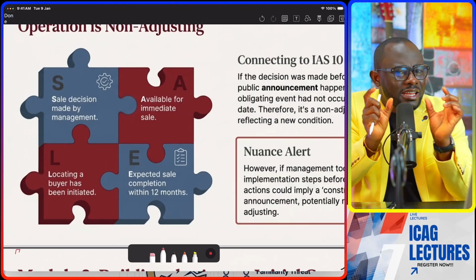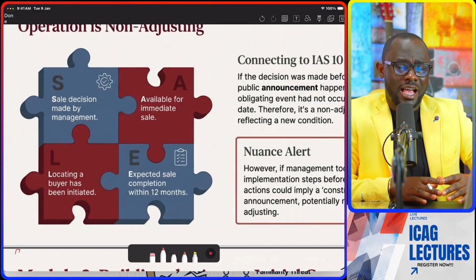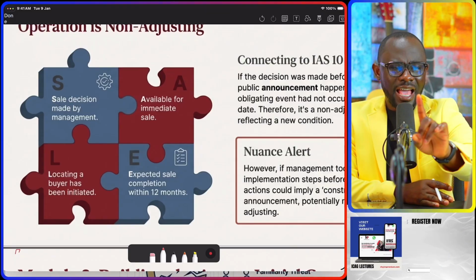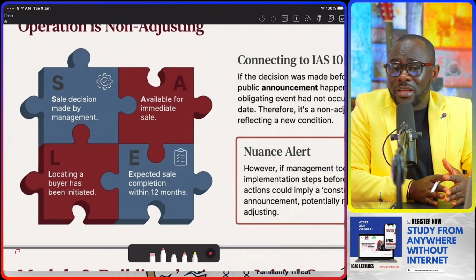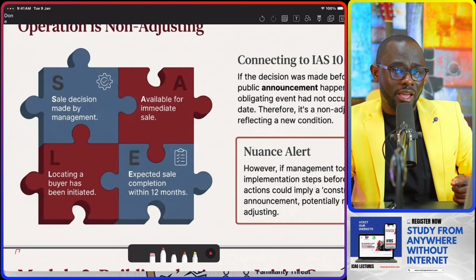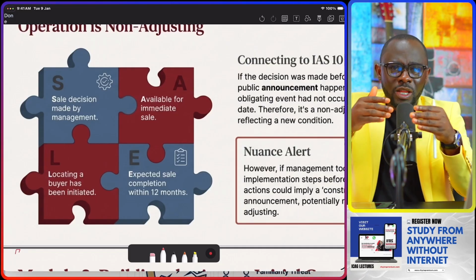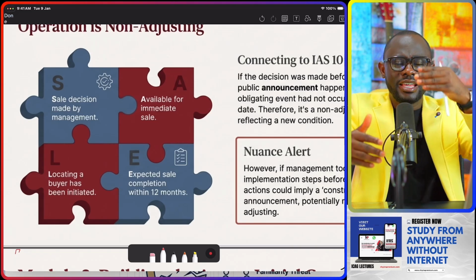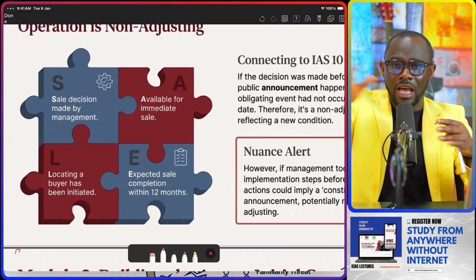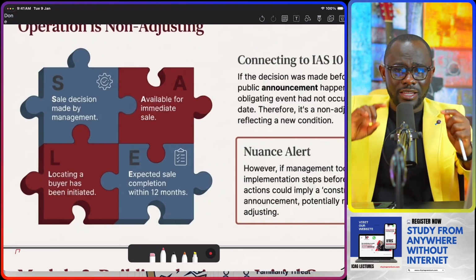But there is another situation where management has a plan, but hadn't made an official announcement as at the end of the year. The announcement was made after the end of the year. However, prior to the end of the year, management had started making decisions about the shutdown. They've closed certain places. They've canceled certain contracts.